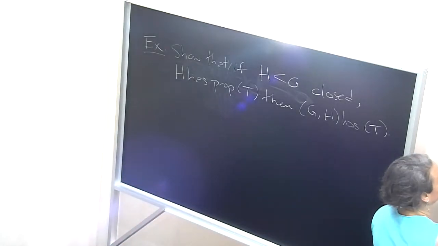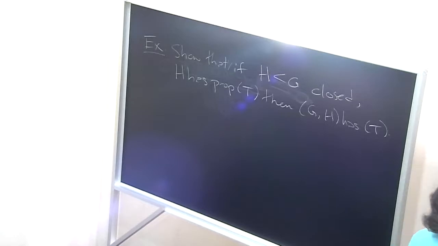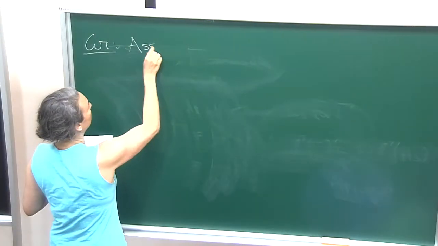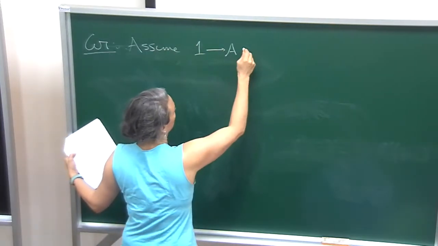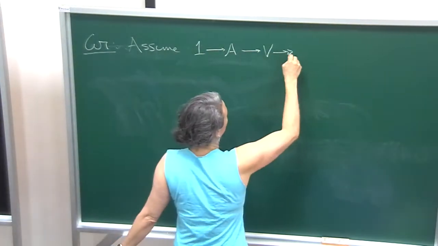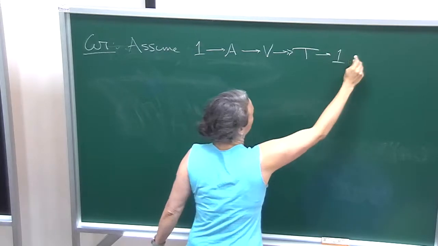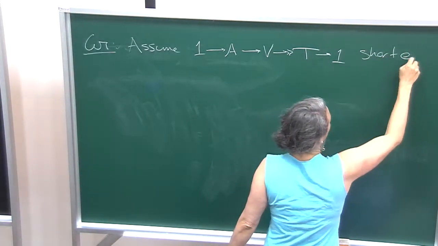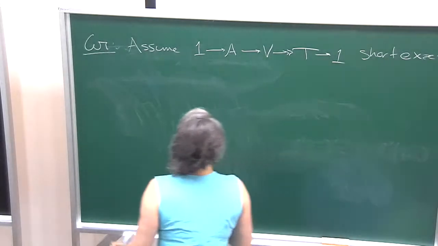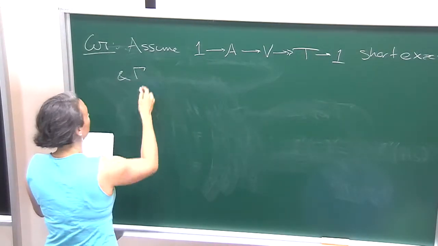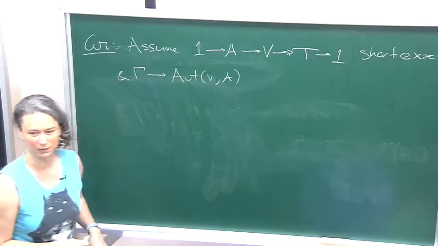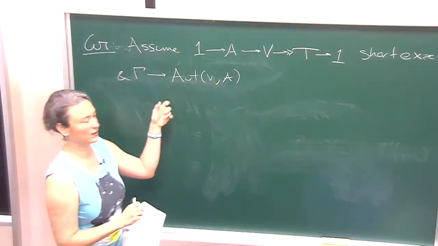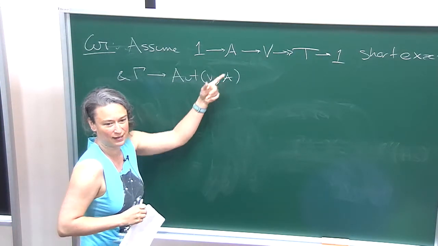So a corollary to the lemma that we had yesterday is: assume that A goes to V goes to T is a short exact sequence, and gamma maps to the automorphism group of V that preserves A. Everybody remember this? I'm acting by automorphisms of V, but I'm also preserving A as a normal subgroup.